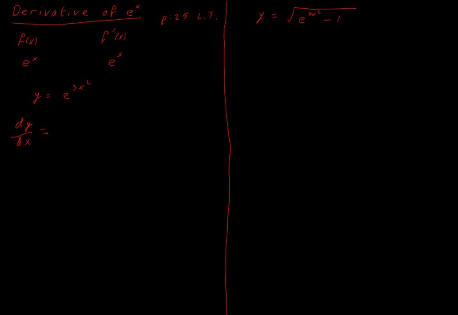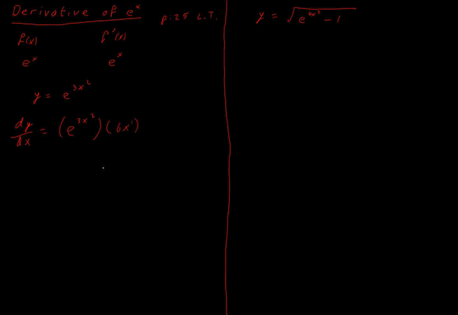So dy dx is just going to be the derivative of an exponential, which is just itself. And then we are doing the chain rule, so we're going to multiply by the derivative of what's inside our exponential function. So we have 3x squared inside our power, so it's just going to be 6x.